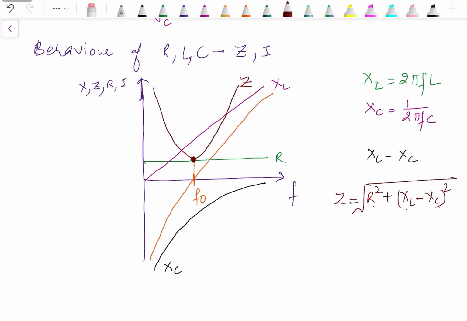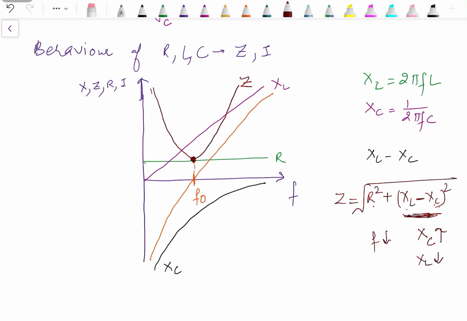Below resonant frequency, XC is more in comparison to XL. So if we go on decreasing the frequency, XC will increase and XL will decrease. So this gap between XL and XC keeps on increasing. That's why the impedance is increasing with decreasing frequency.